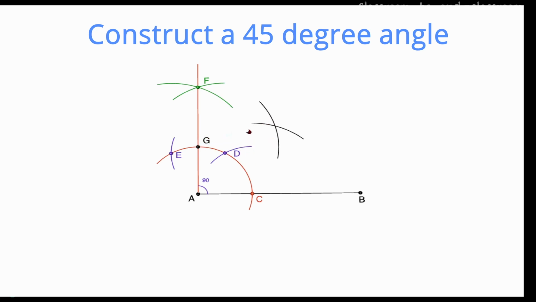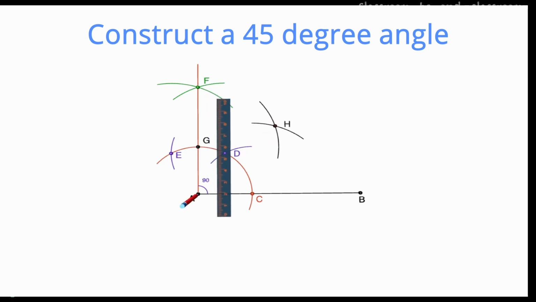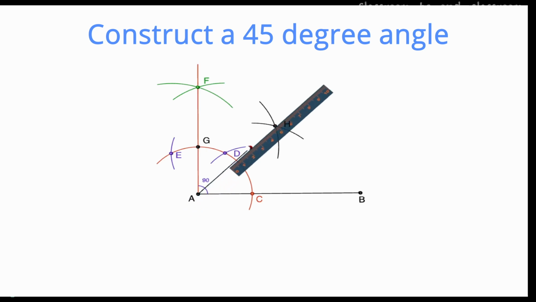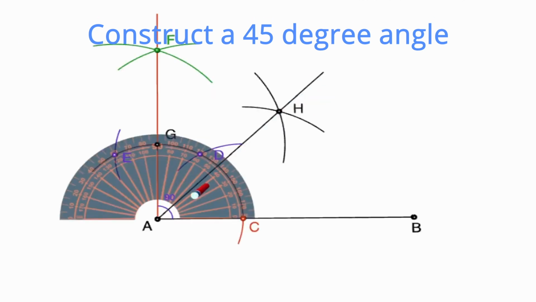So we get another point, say H. Now if you join AH, then this angle BAH will be 45 degrees, because line AH divides or bisects the angle. Let us see what the angle BAH is.